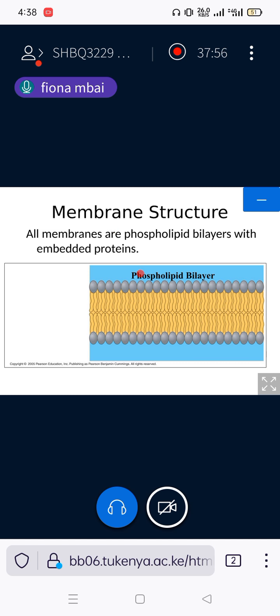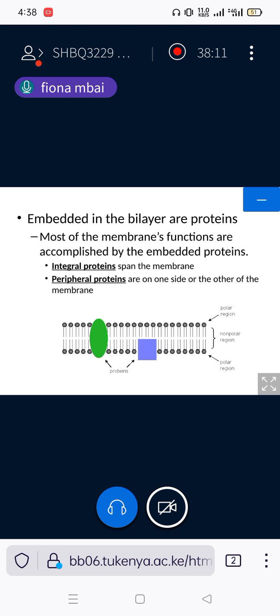All those organelles are covered on the outside, and the main purpose is for the shape and to control movement in and out of those organelles, as well as the cell in general.